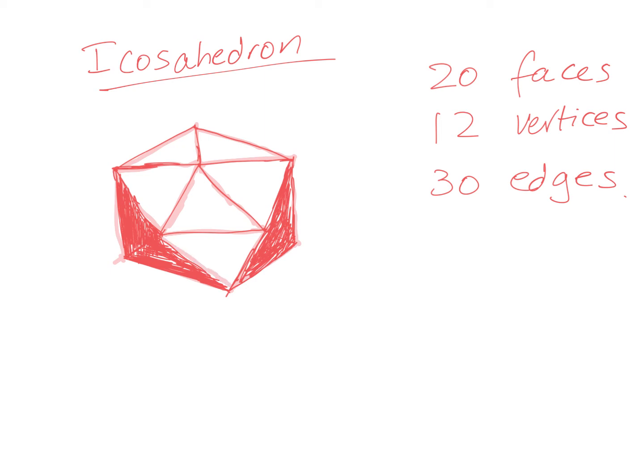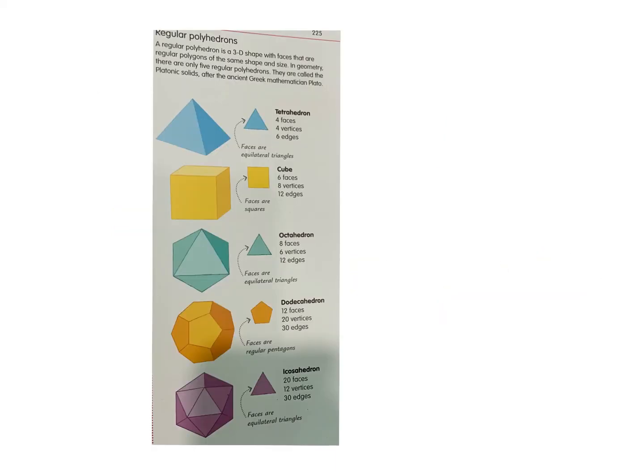So all the faces in this are equilateral triangles. This is what your polyhedrons look like.